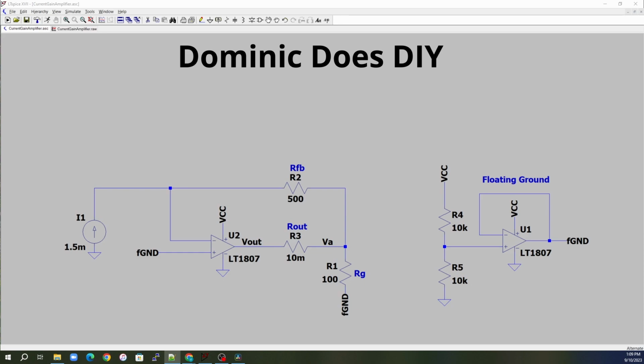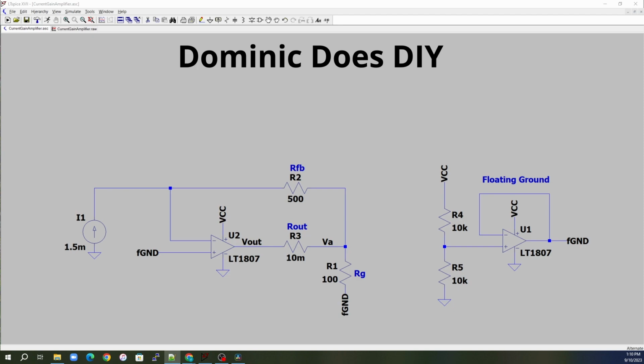So we're using this floating ground with the in plus pin, and we're also using the floating ground for the ground connection for the ground resistor. In the world of this op amp, it's going to be in its own little world where it's going to see basically plus 2.5 volts and minus 2.5 volts.